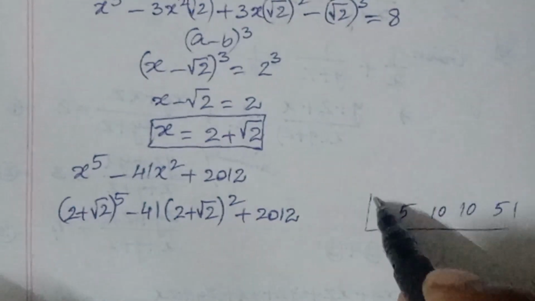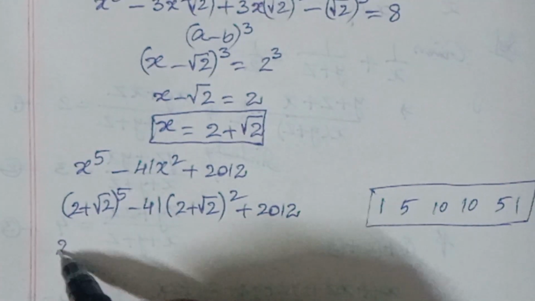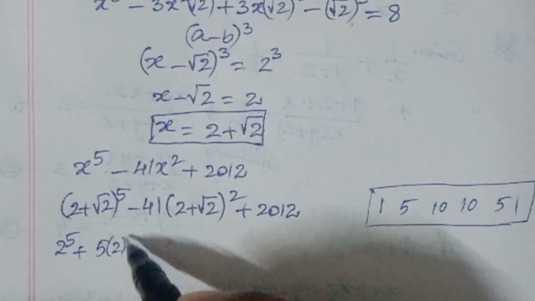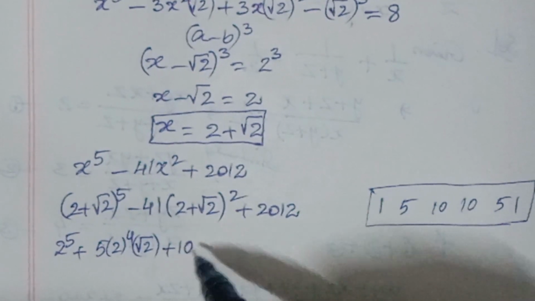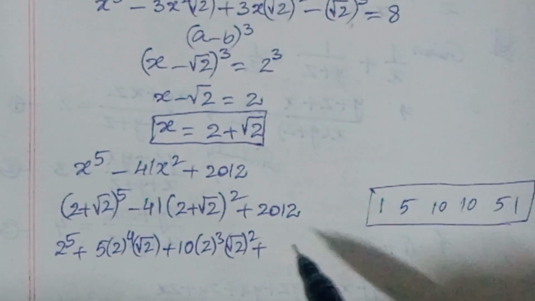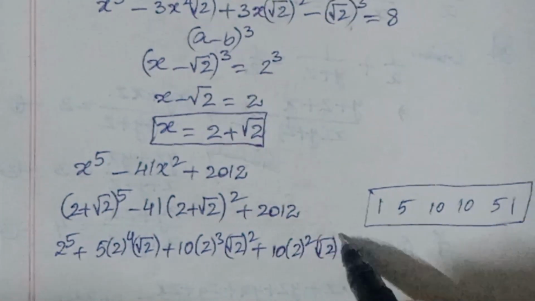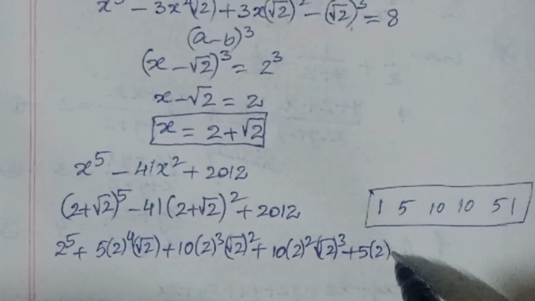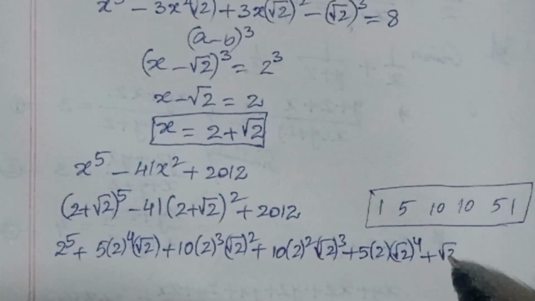So we get 2 to the power of 5 plus 5 into 2 power 4 root 2 plus 10 into 2 cube root 2 whole square plus 10 into 2 square into root 2 whole cube plus 5 into 2 into root 2 whole power 4 plus root 2 whole to the power of 5.